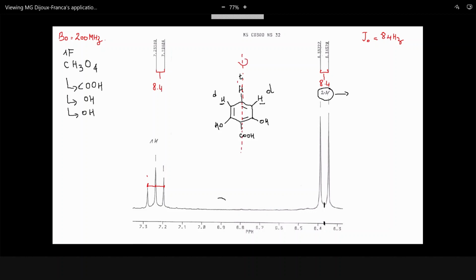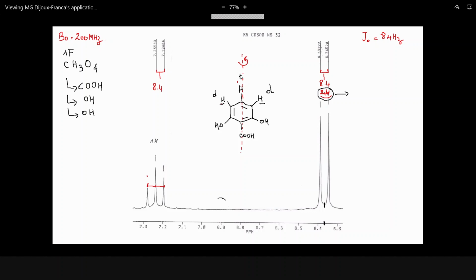So that's the only way I have to draw the structure, to have 2 equivalent protons on an aromatic ring. If you see signals integrating for 2 protons on an aromatic ring, that means that you must have a symmetry in the structure.